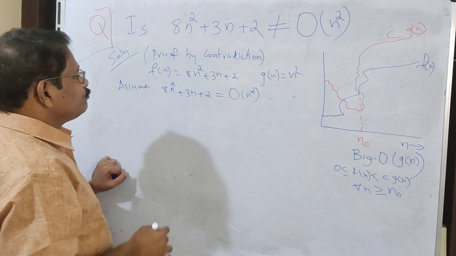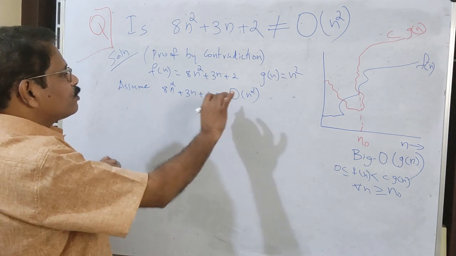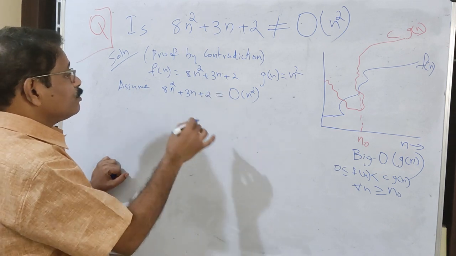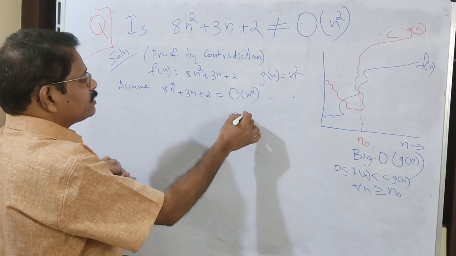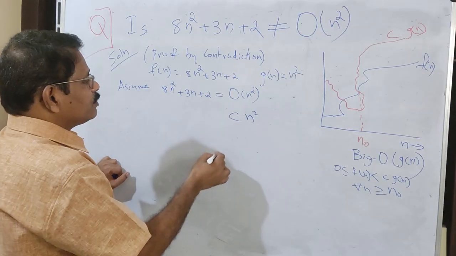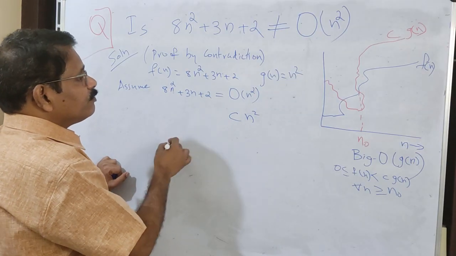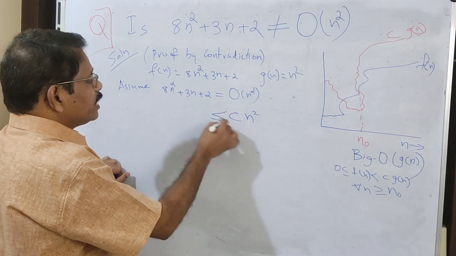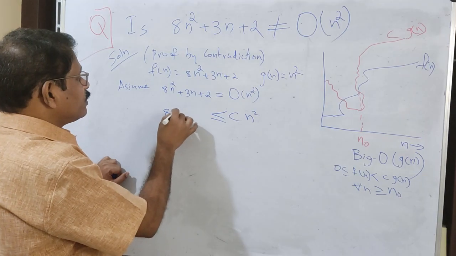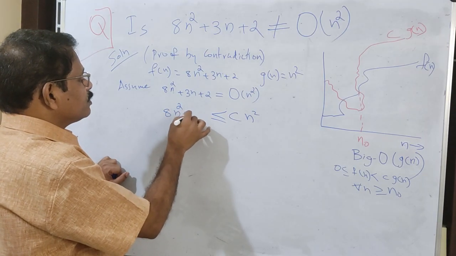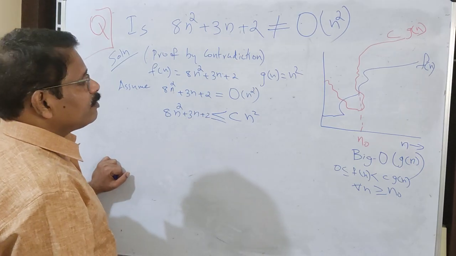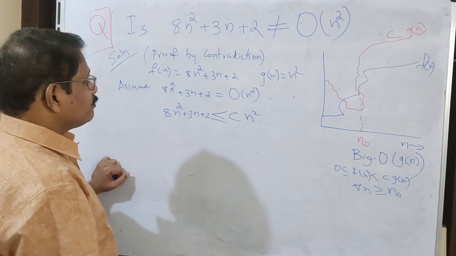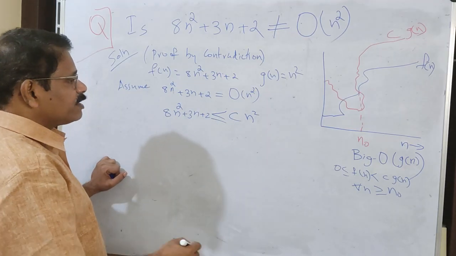If this is true, we are assuming this is true, then we have a c and a g of n, that is c into n square, which is greater than or equal to our f of n, that is 8n square plus 3n plus 2. If this is true, we will have a c and an n0.